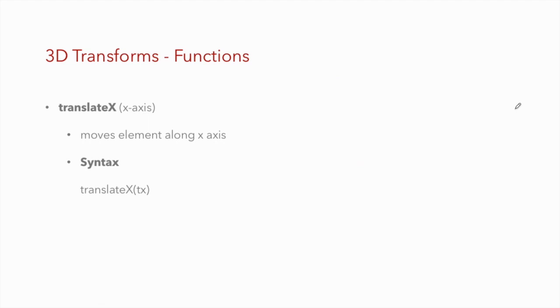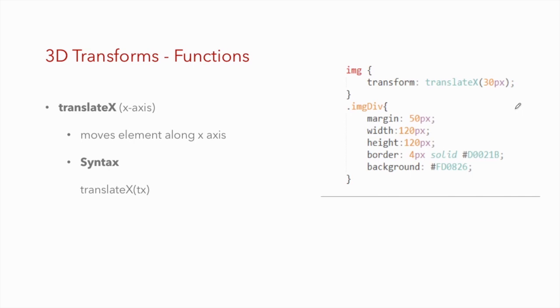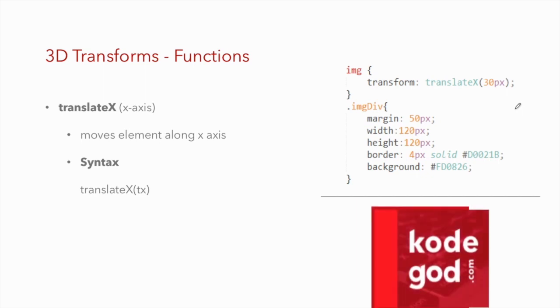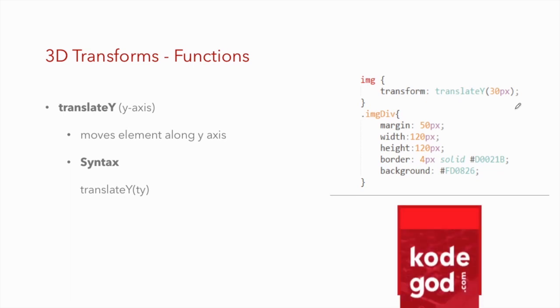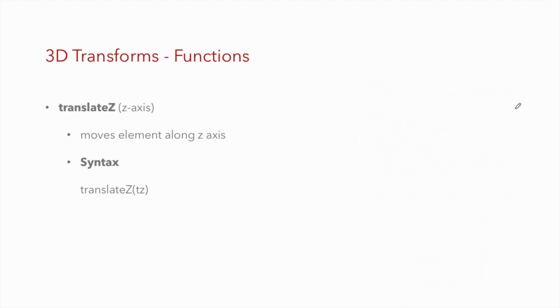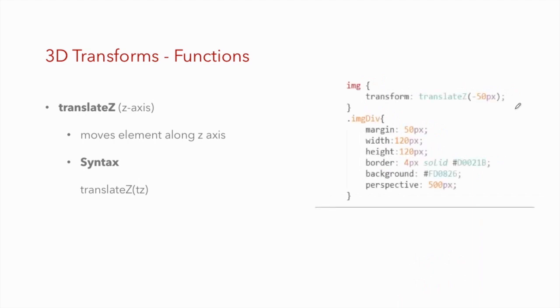We also have the translateX function which can be used here. Technically it is not a 3D translation, it's a 2D transformation only. You can notice that it is just getting translated along the x-axis using the translateX function. Similarly we have translateY, wherein it will be translated along the y-axis. Then we have the translateZ function, which moves the element along the z-axis.